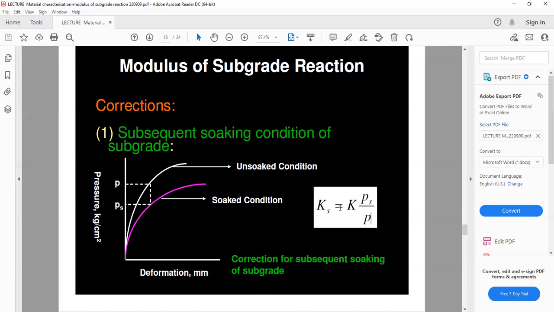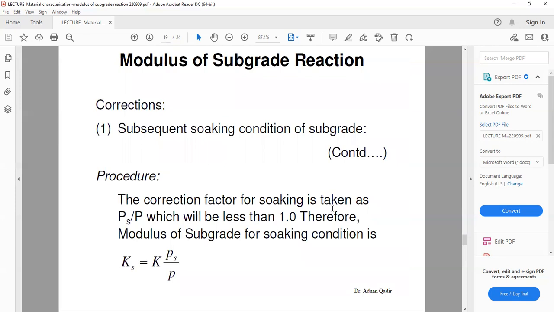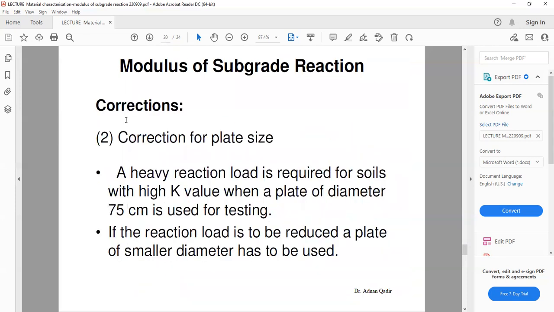If you have not used the standard plate, you have to subject this value to one more correction, that is the plate correction due to the different size of the plate. A heavy reaction load is required for soil with high K value when a plate of diameter 75 is used for testing.